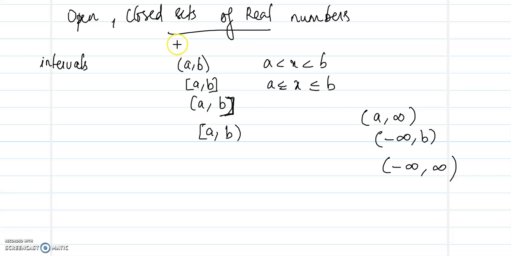So let us now define what is an open set, and let us see a few results which you have already learned in the previous courses. Let us give a definition of an open set.